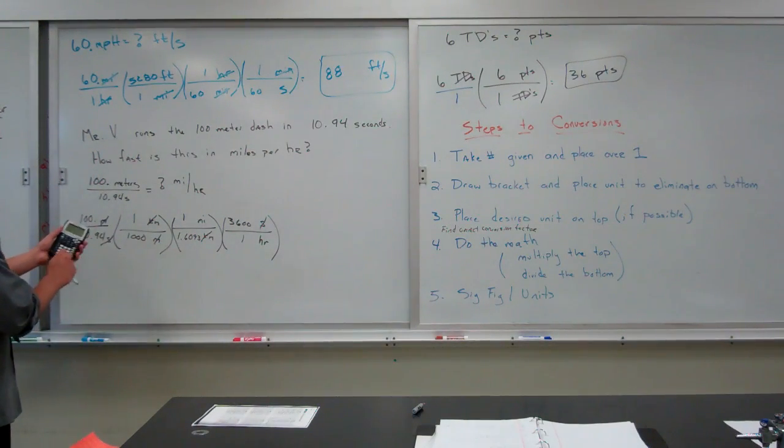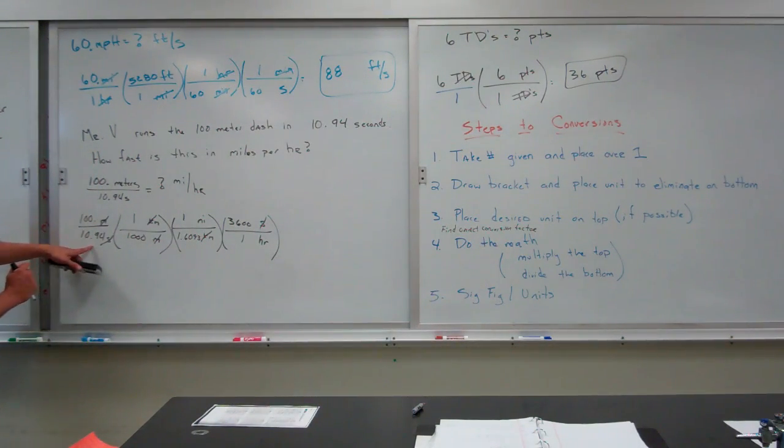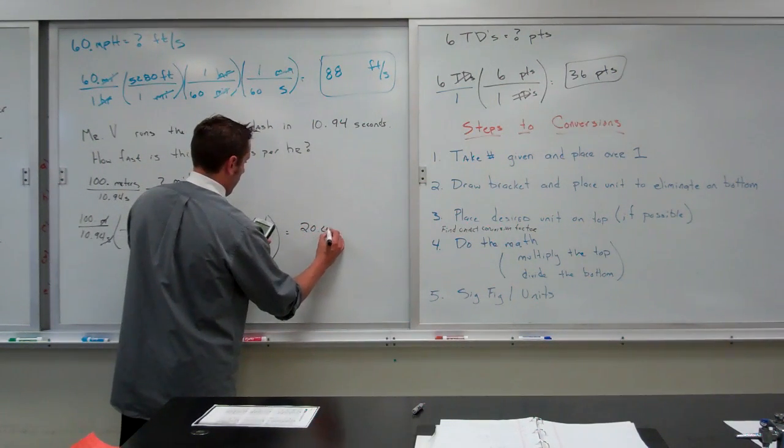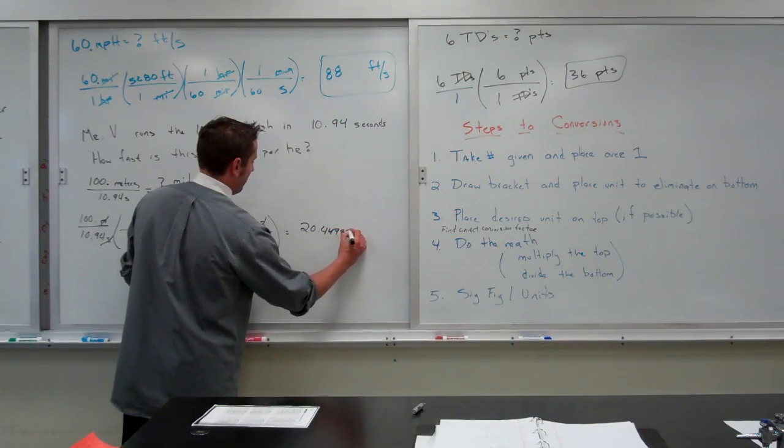So we'll take 100, don't forget to divide this one here at the beginning, divided by 10.94, divided by 1,000, divided by 1.6093, times 3,600. And you will find out that your calculator says 20.44787.